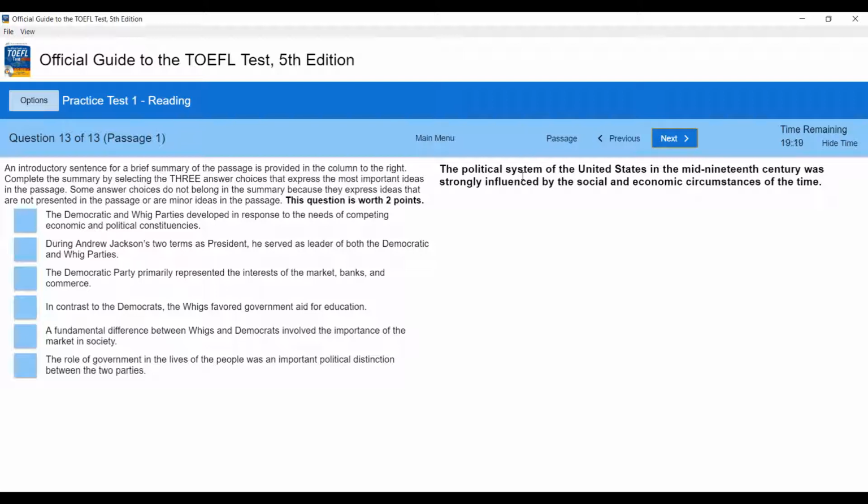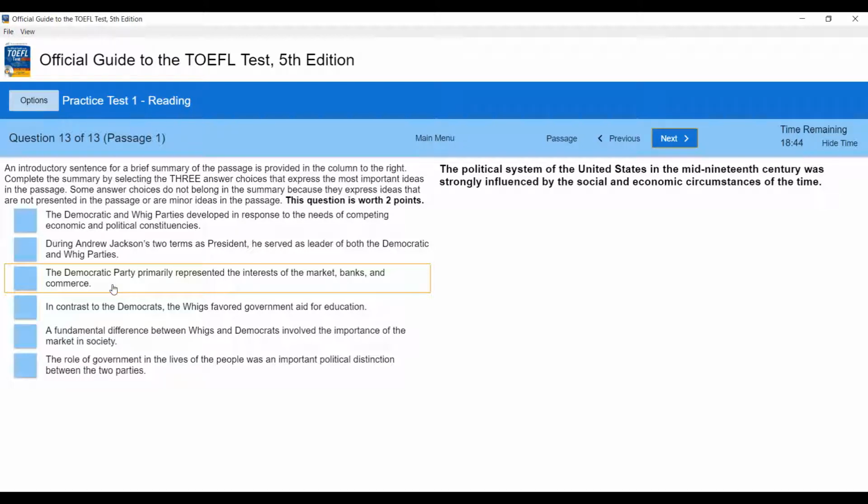Okay, so the political system of the United States was strongly influenced by the social and economic circumstances of the time. They developed in response. I would not say that he served as leader of both the Democratic and Whig parties.